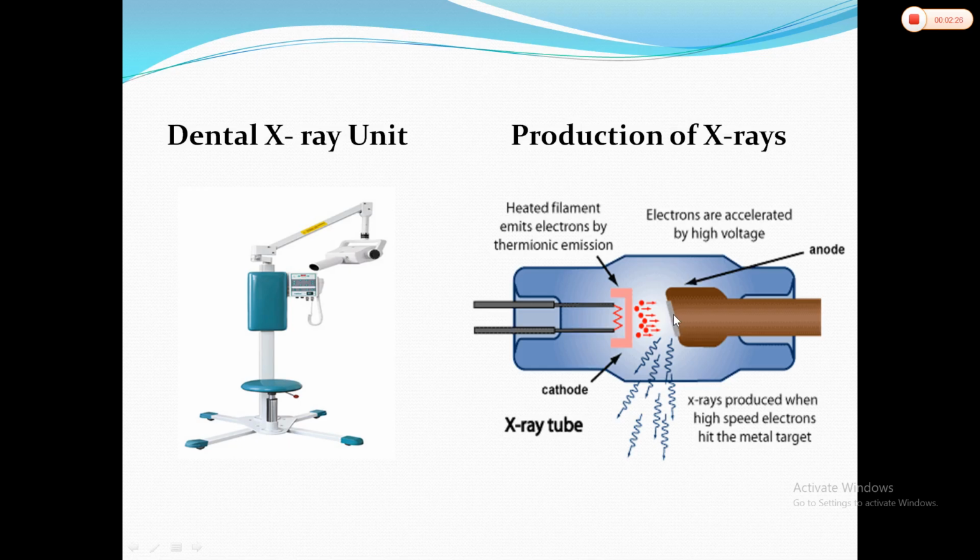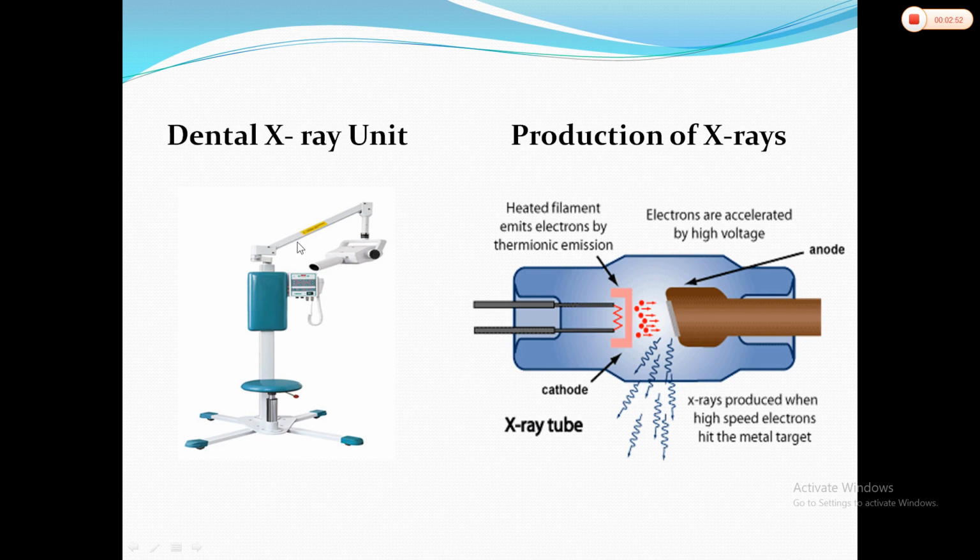Anode is also made up of tungsten that is embedded in a copper stem. When we start the power supply, cathode gets heated, producing electrons. These electrons are accelerated by high voltage, and when these high speed electrons hit the anode, X-rays are produced, which are used to take the radiograph.